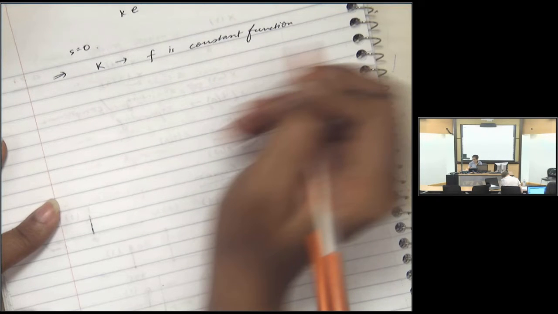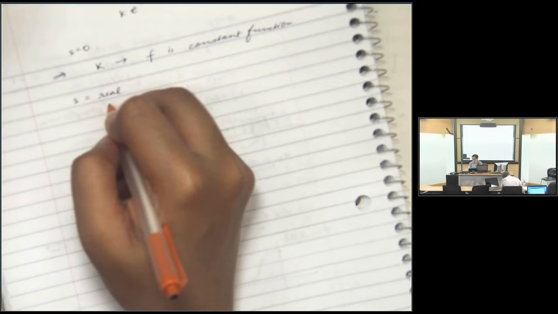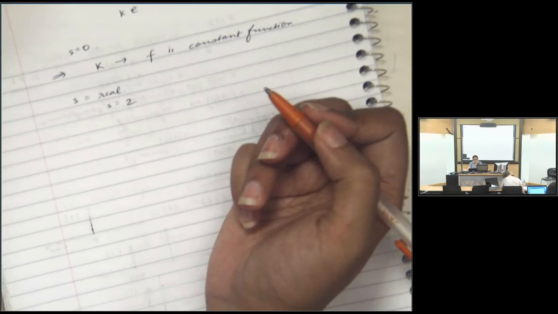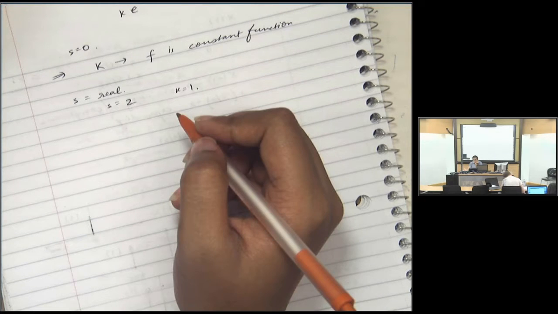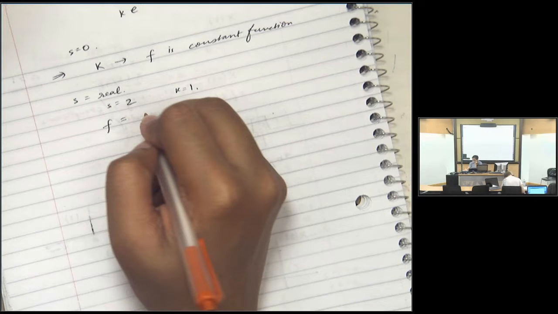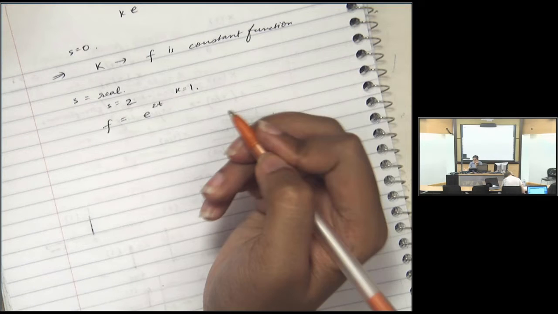When s is real, then what will happen? Let's say s is equal to 2. And let's assume that k is equal to 1. So our f will be e raised to power 2t, and this will be a standard exponential function.